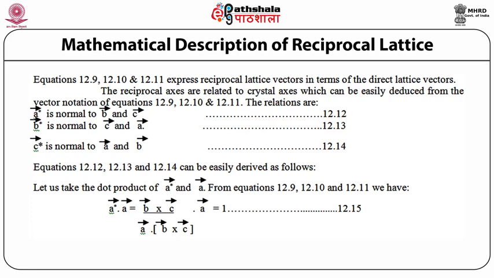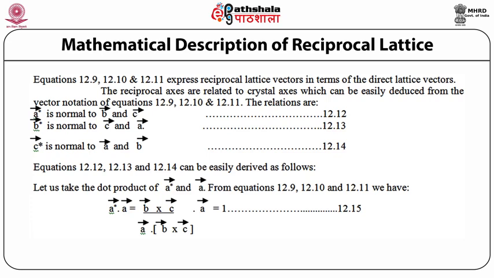The reciprocal axes are related to crystal axes, which can be easily deduced from the vector notation of equations 12.9, 12.10, and 12.11. The relations are: A star vector is normal to B vector and C vector, given as equation 12.12.